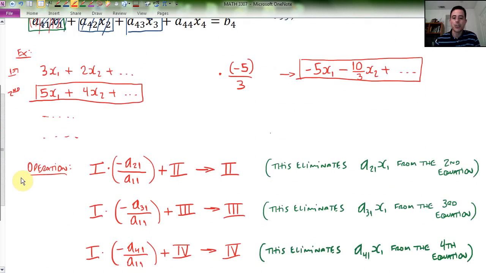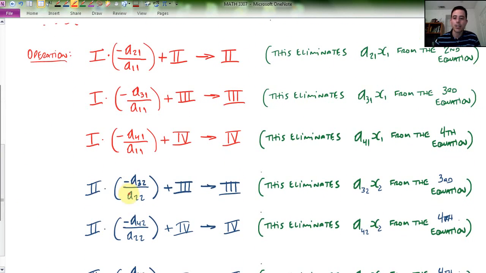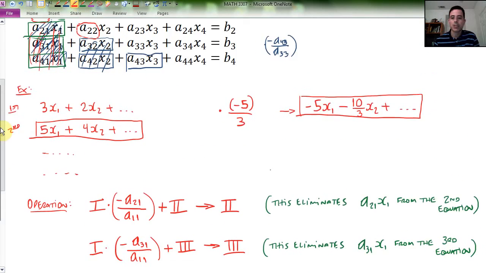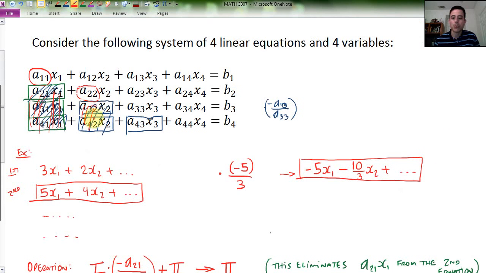And that's used here to eliminate the other two terms from equations 3 and 4. And then same thing here, a33 is also called the pivot. It's used to eliminate this term here.